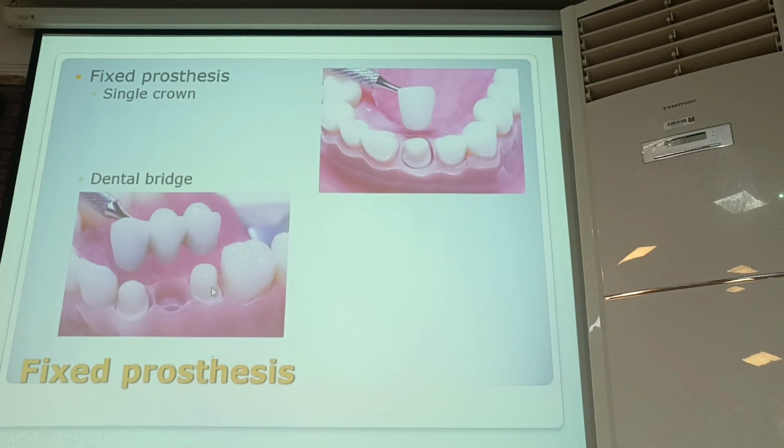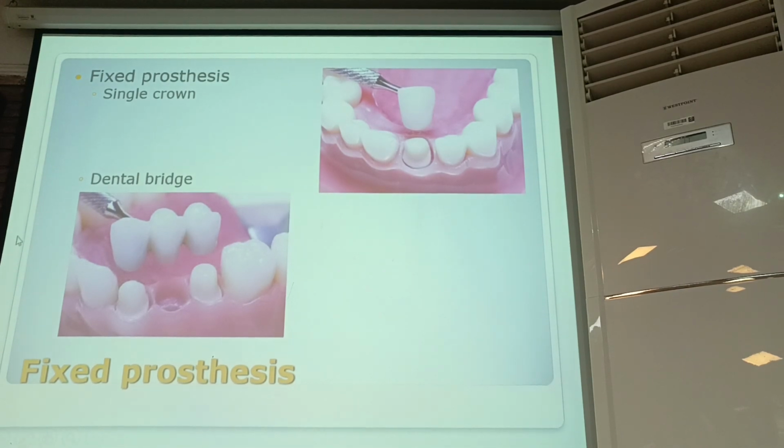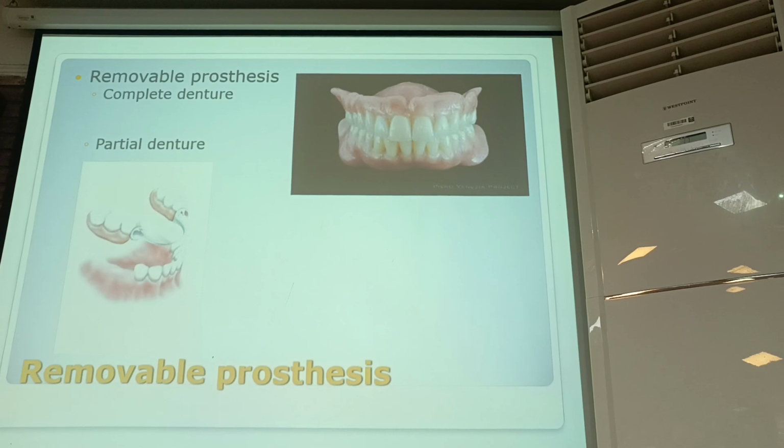You can see two teeth on both sides of the missing tooth, and the missing tooth would be replaced by a crown here. And these three crowns are named a dental bridge. Both of them are fixed prostheses.